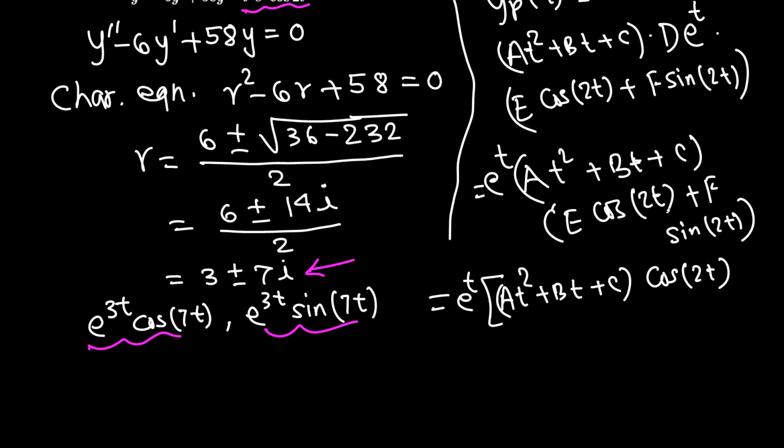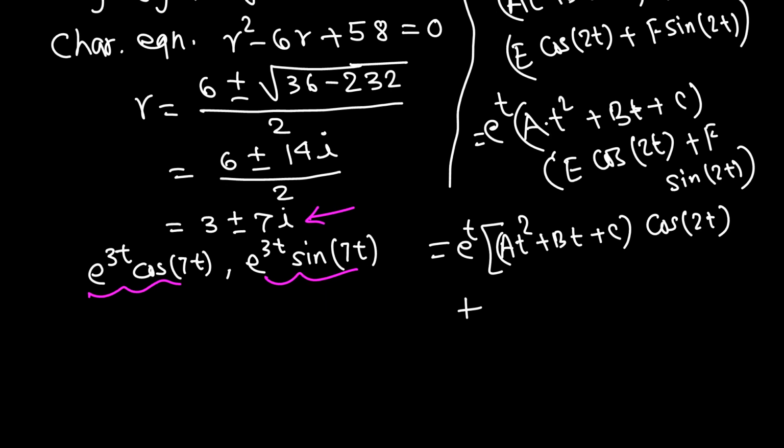Plus now if we multiply this with f times sine 2t, then a times f, now we need to rename, we need to write another constant, not a, b, c, so dt squared e to the t plus f sine 2t. Looks like we got the same number of constants here and here, but it was a product. Now this product is simplified. So this is one of the best answers. This is also fine, and this one works as well.